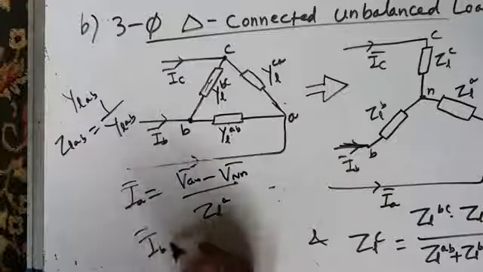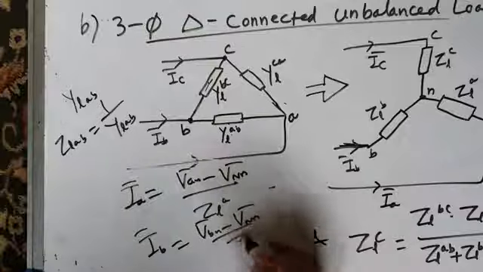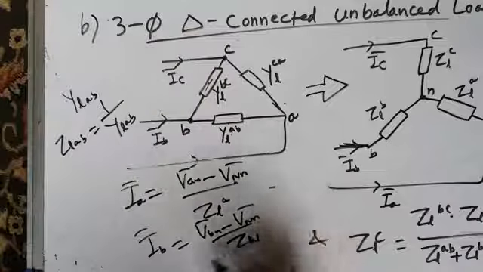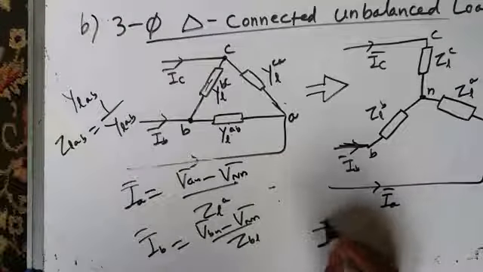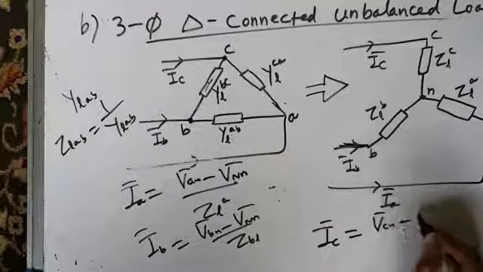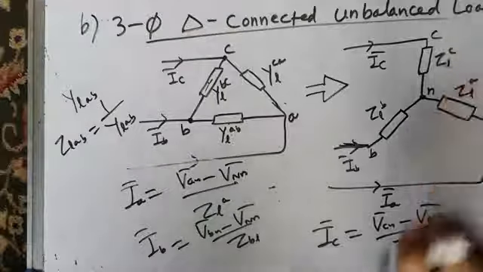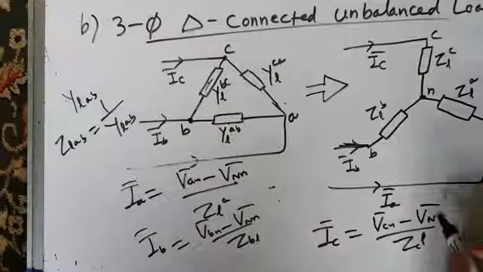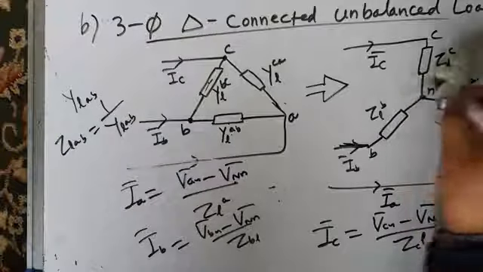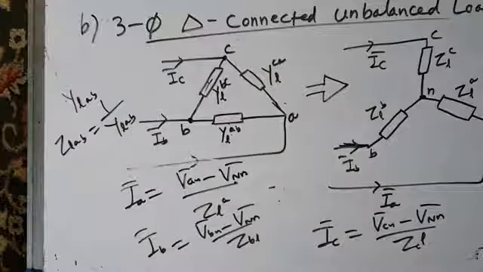Similarly, IB will be equal to VBN minus VNN by ZLB. And line current IC will be equal to VCN minus VNN by ZLC. And what are these ZLA, ZLB and ZLC? They are equivalent impedances of this delta connected load. And you can then solve it.